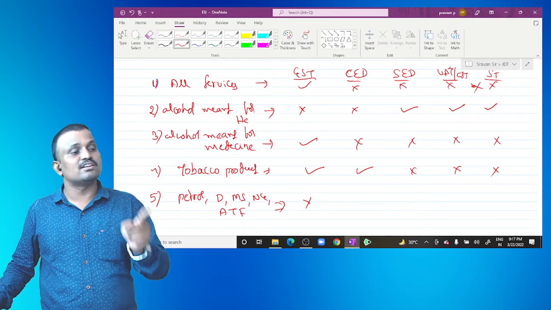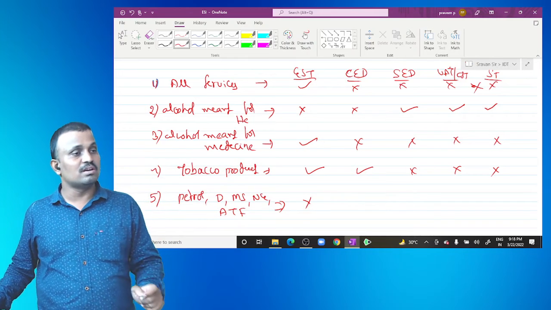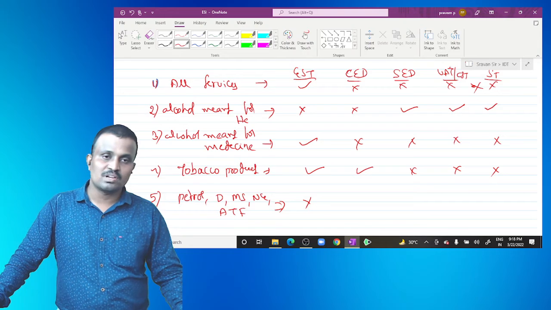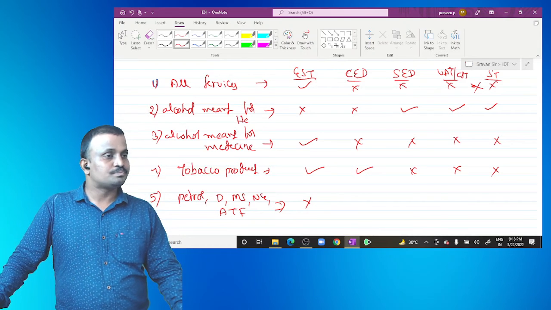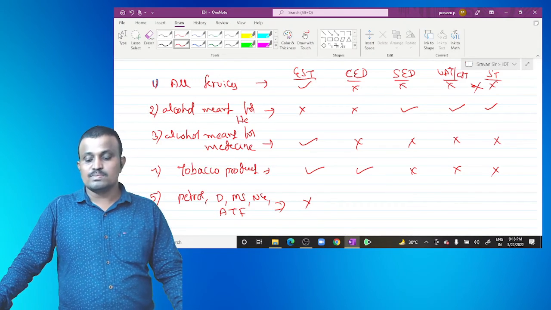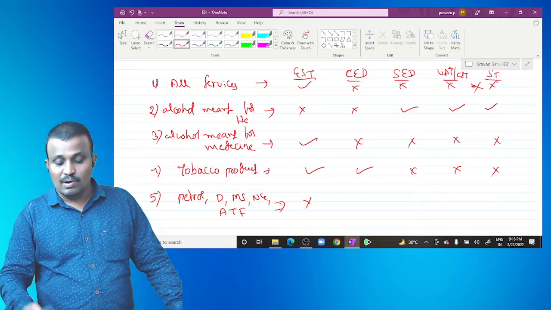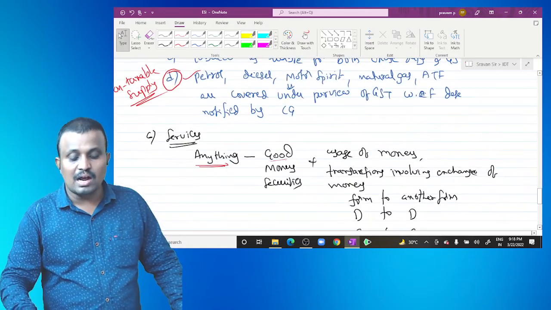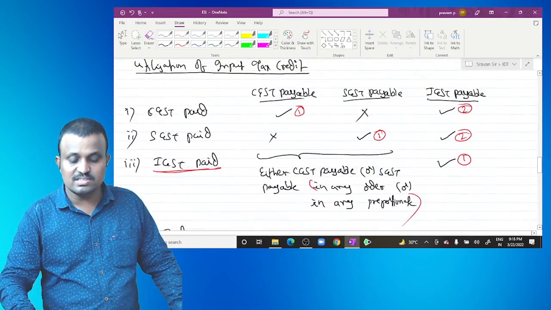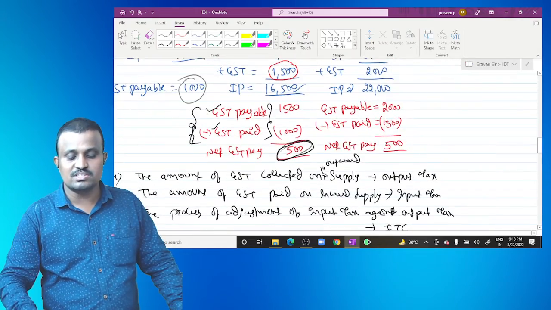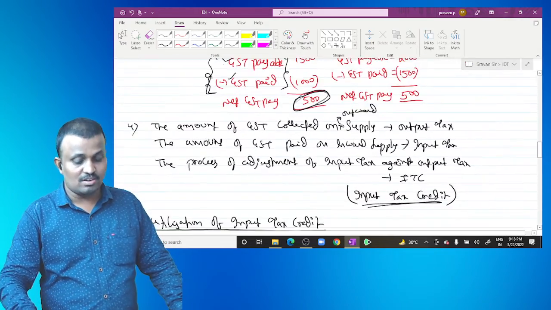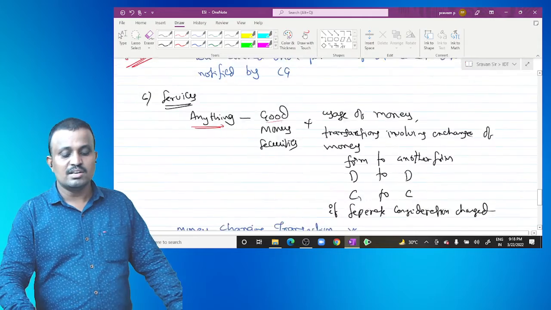From that date onwards, non-taxable supply includes only alcohol meant for human consumption. So this is what is meant by goods and services and constitutional provisions relating to GST.